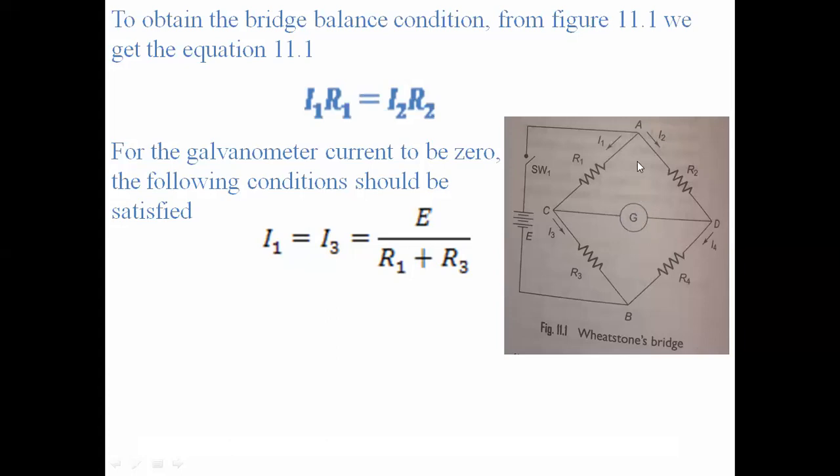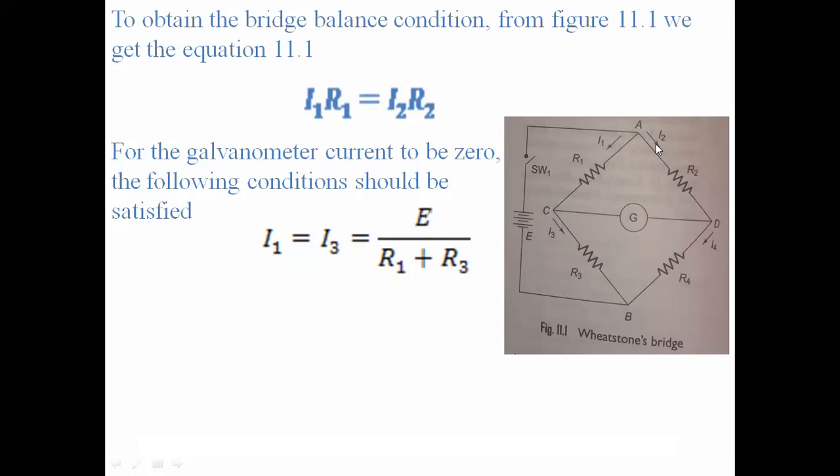In such a situation, I1 is equal to I3, and that current is obtained as the applied voltage E by the total resistance R1 plus R3. I1 is equal to I3, and that is equal to E by R1 plus R3.